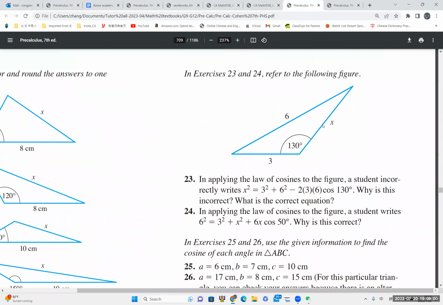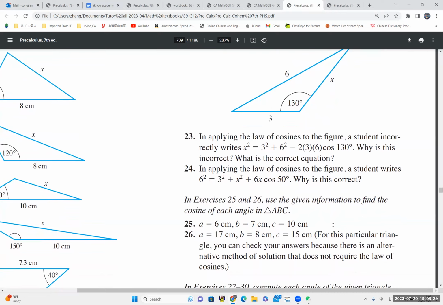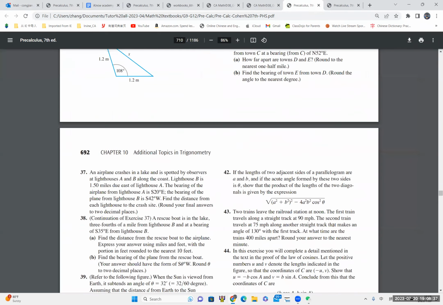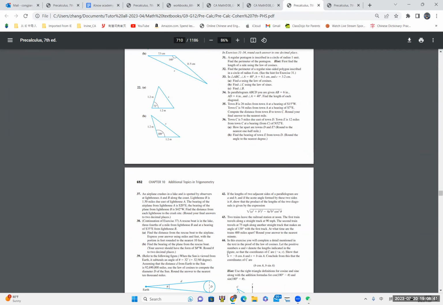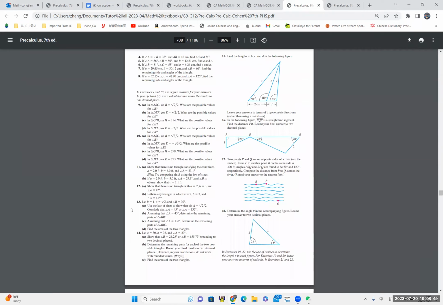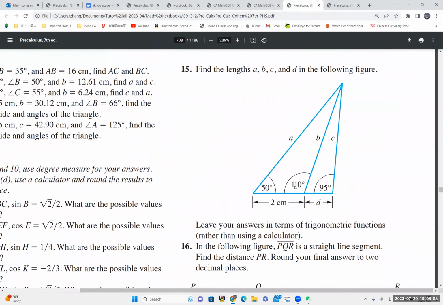Can we do 23? No, of course not. Yeah, 15.